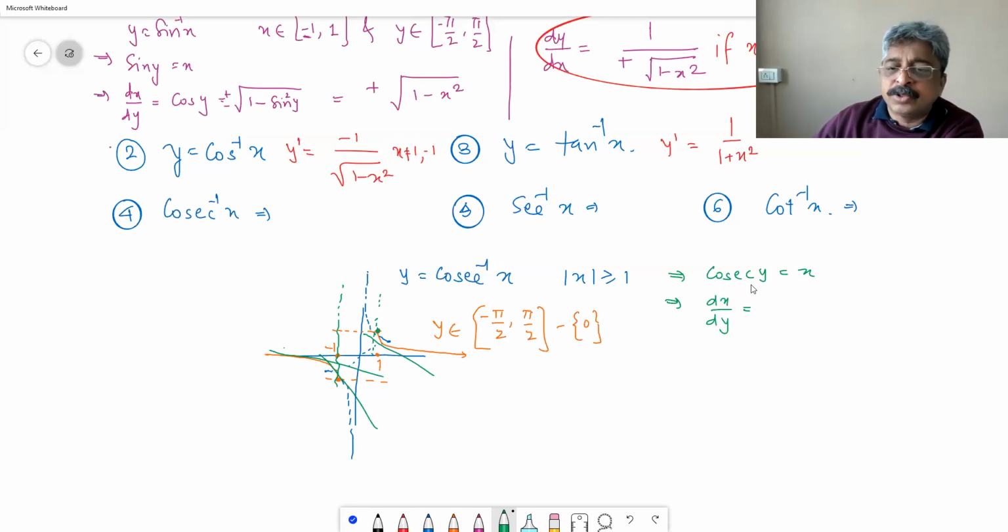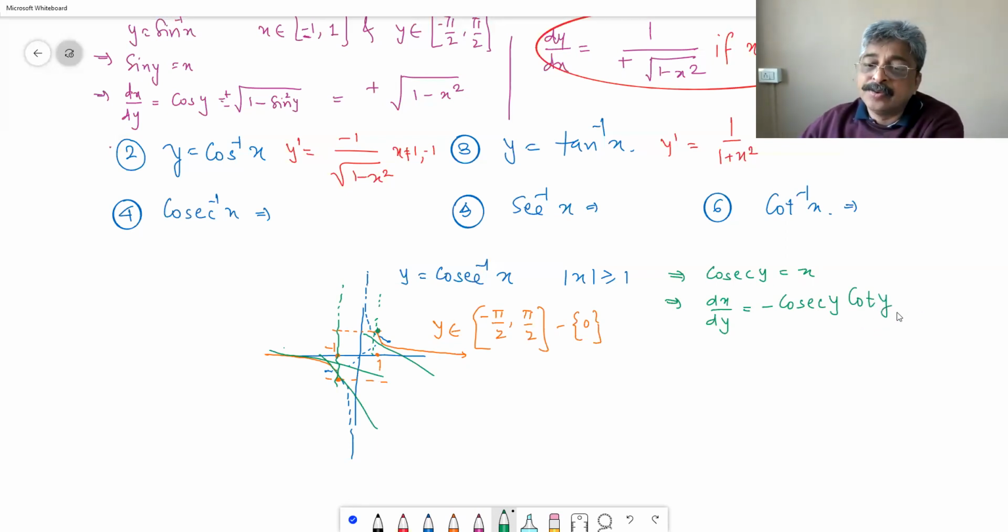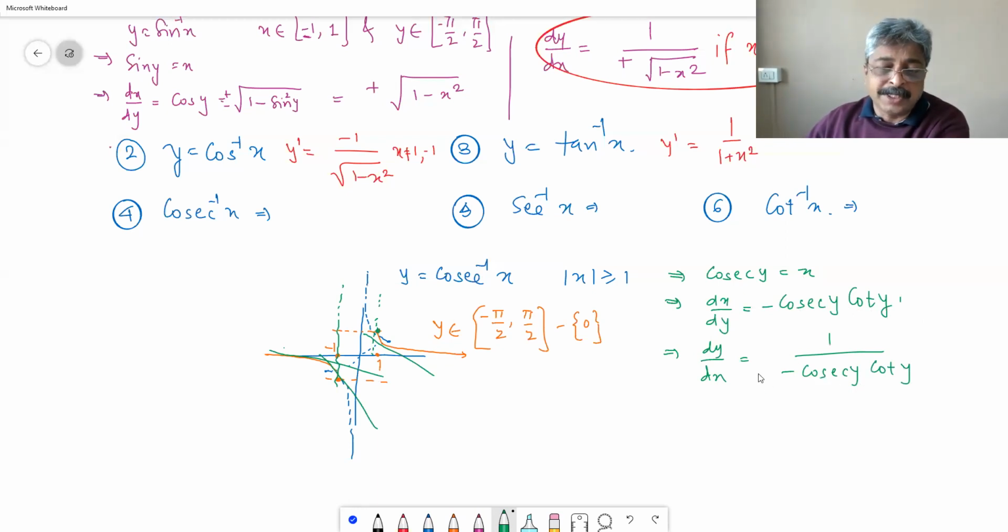What is the derivative of cosec y? It is minus cosec y cot y. Is that right? That is dx by dy, and therefore dy by dx is equal to 1 upon minus cosec y cot y. We keep it as it is.